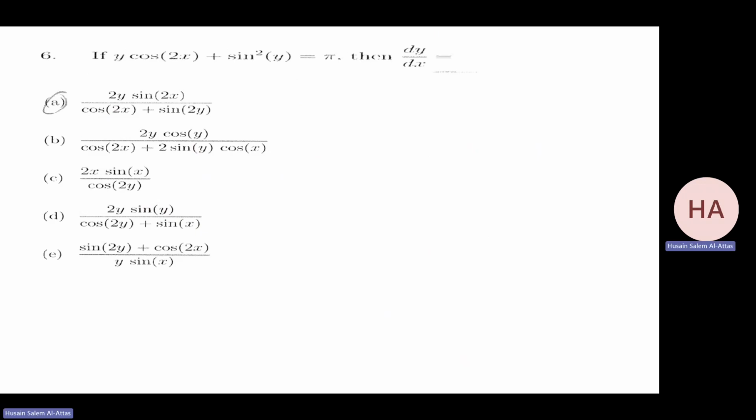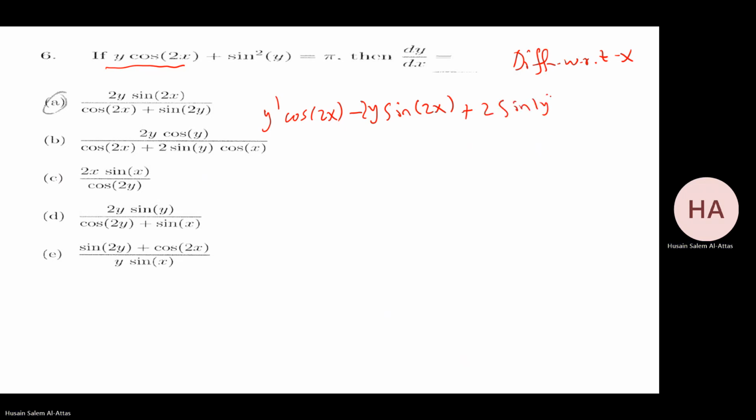y cosine 2x plus sine squared y is equal to pi. Find dy over dx. Differentiate with respect to x as usual. Sometimes I write it, sometimes I don't, but you know the idea. That's a product, so I have y prime cosine 2x minus y sine 2x times 2, plus 2 sine y cosine y y prime.